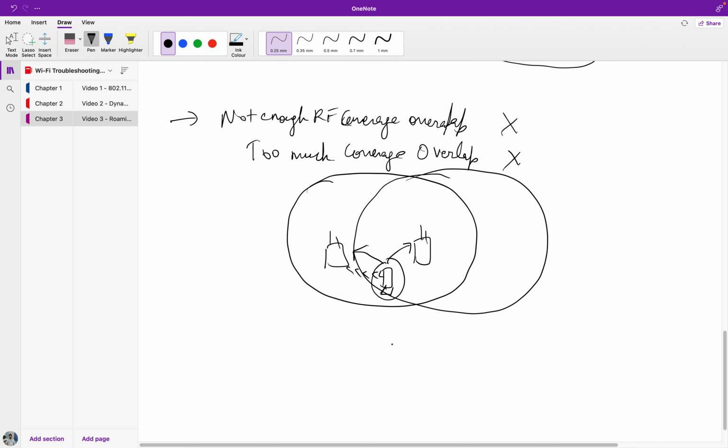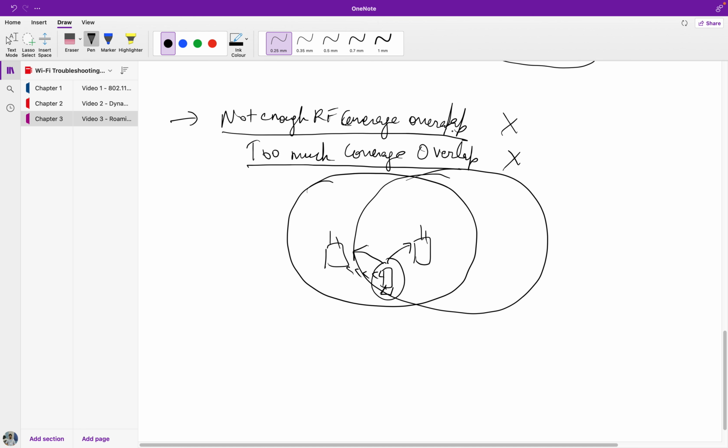That makes sense, because the roaming threshold has to be breached for the client to roam. So there's a possibility that my client might be under a different AP but still connected to the first AP. That's also a scenario we don't want to have. So too much coverage overlap is bad. Too little coverage overlap is also bad: if there's not enough duplicate coverage, the client will disconnect and will not be able to roam seamlessly, and thus you will have disconnections and client connection issues in the network.